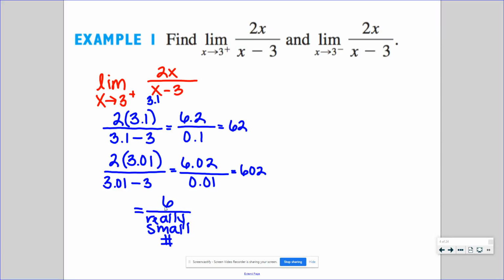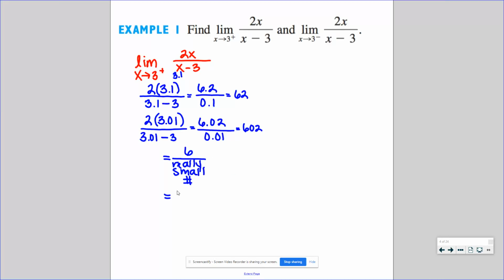So what happens if you take a number like 6, or really you could pick any number you want, and divide by a really small number? Well, that's the same as multiplying by a really big number. So if you're dividing by something that's really, really small, it's going to make your answer really, really big. And if we find that our answer is going to be some really big number, we would call that infinity.